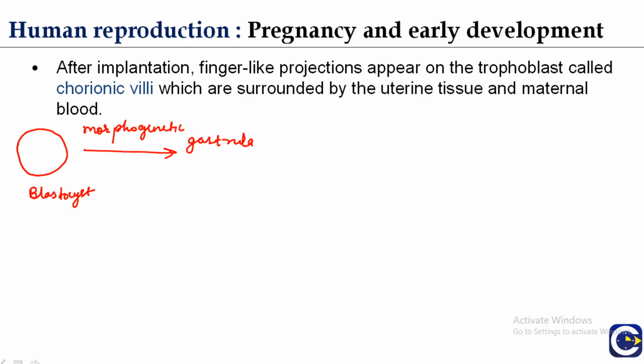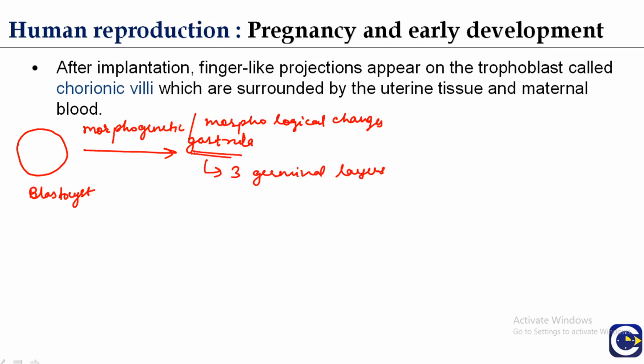These changes are morphogenetic or morphological, because this gastrula is the structure which has three germinal layers. And why are these germinal layers important?